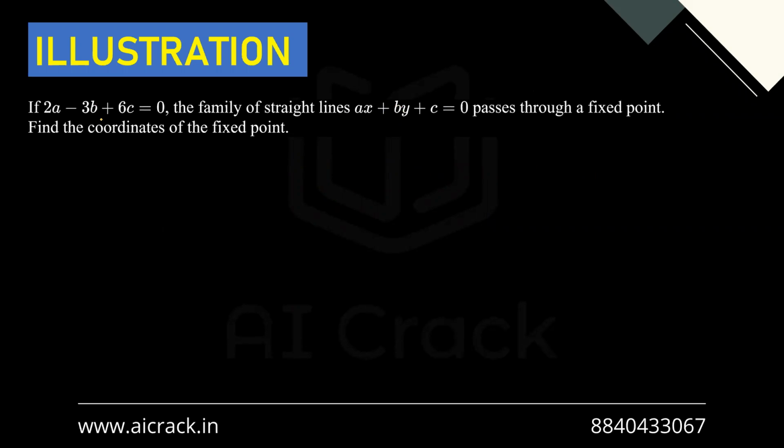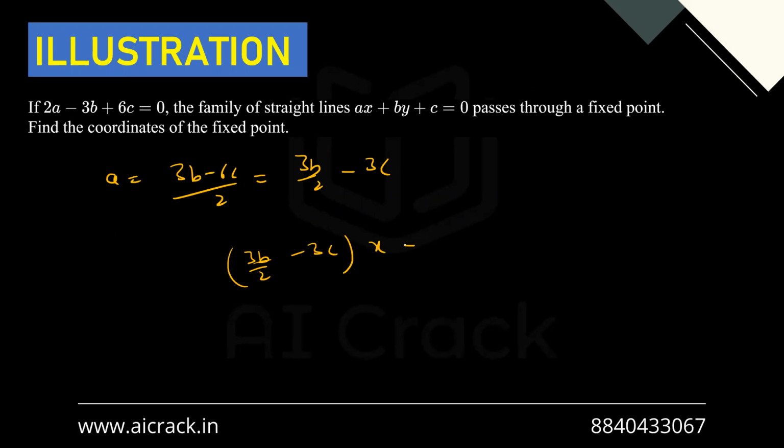We have been given one more piece of information over here. So what I'll do is substitute the value of a over here. So a equals 3b minus 6c by 2. So basically that is 3b by 2 minus 3c. Okay, so I'll plug that value in this equation. That would give me 3b by 2 minus 3c times x plus by plus c equals 0.